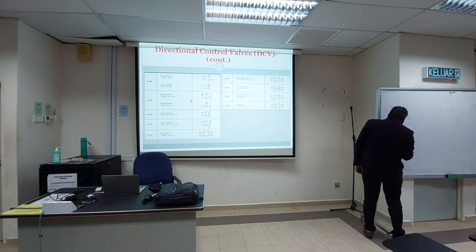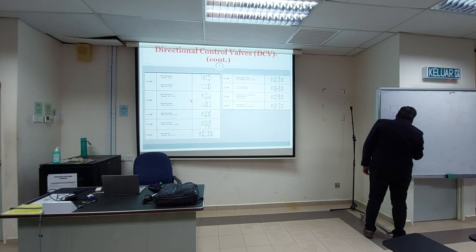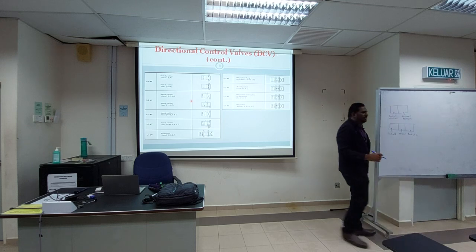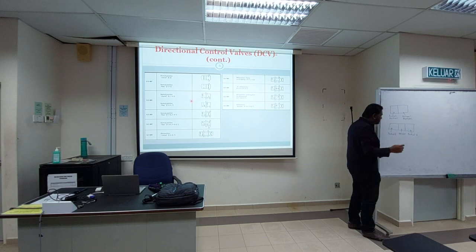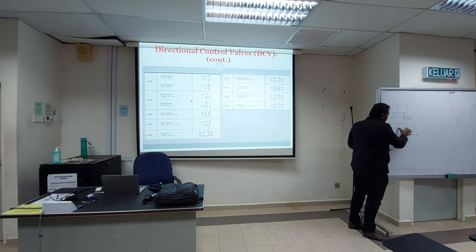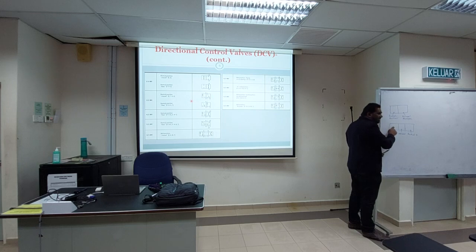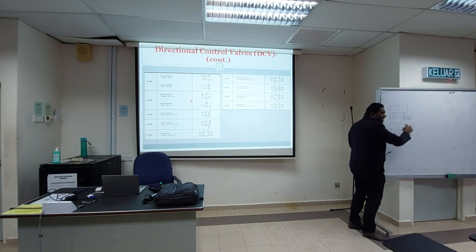Yang ni faham tak? So meaning before you give any actuation, yang ni adalah normal condition. So let's say you activate this point, circuit ni akan operate. Kalau you activate this point, circuit ni akan operate.